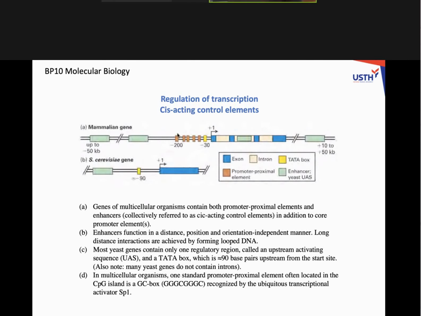We are going to see how we can study the cis-acting elements, the bits of DNA responsible for the activity of the promoter, and the trans-acting elements, which are the transcription factors specific to one set of genes.